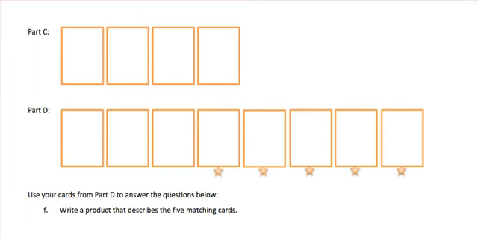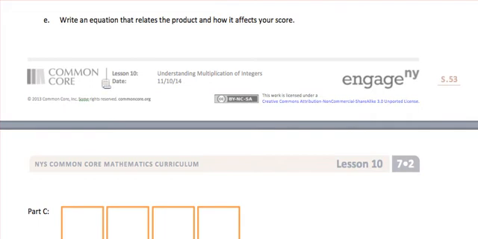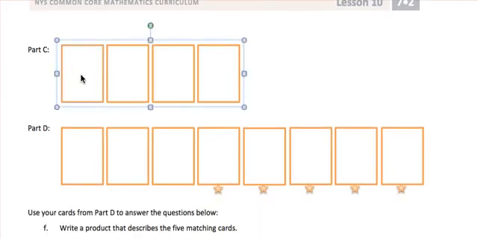So in part C, I will suggest to you another set of numbers. -1 in our first card, 5 in our second, -3 in the third, and 4 in the fourth card.